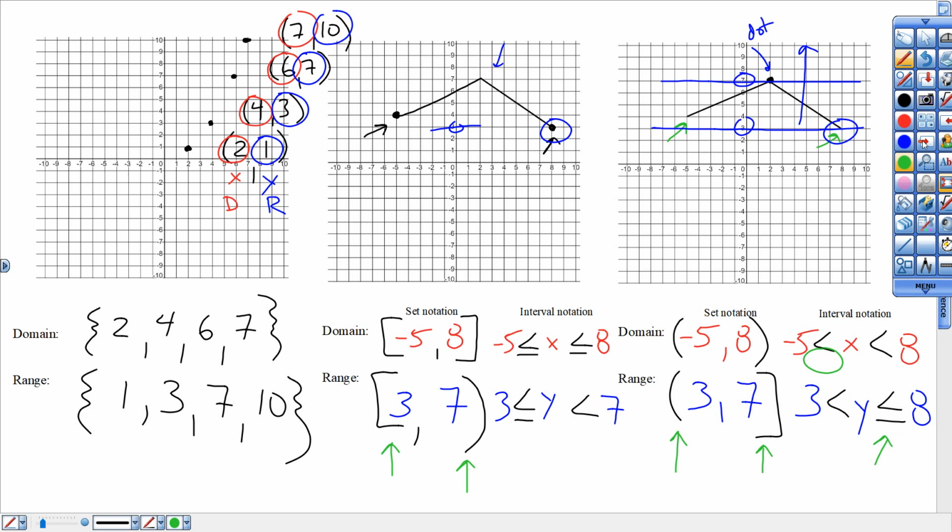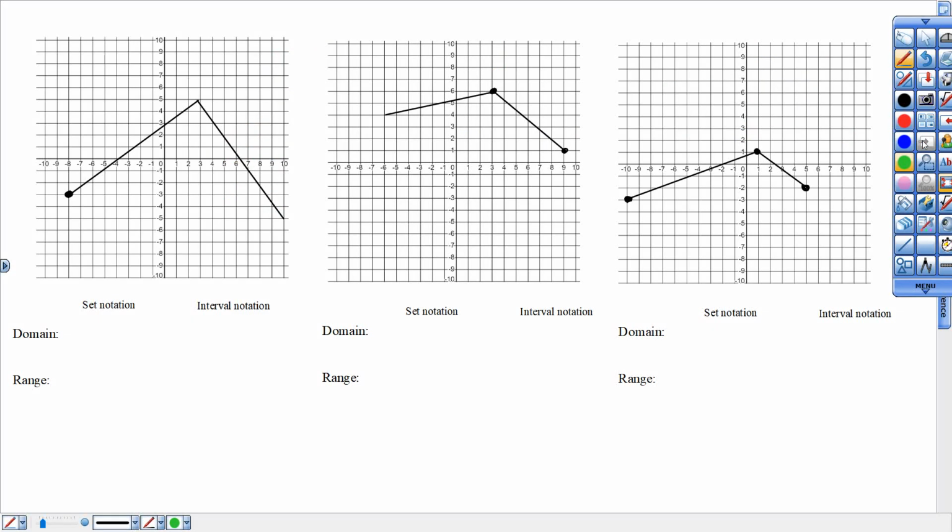All right, here we go. Last ones, last 3 words. Going a little bit faster here. You could always pause it. So my domain's going to be square bracket for this one from -8 all the way to 10, rounded bracket.